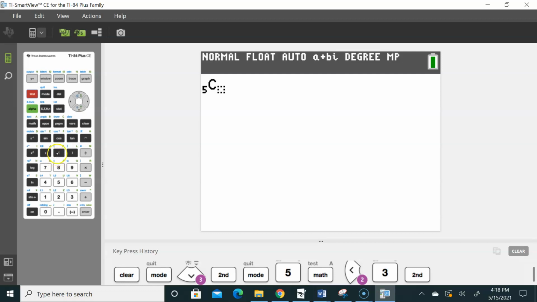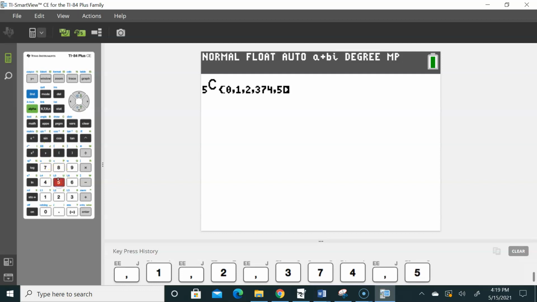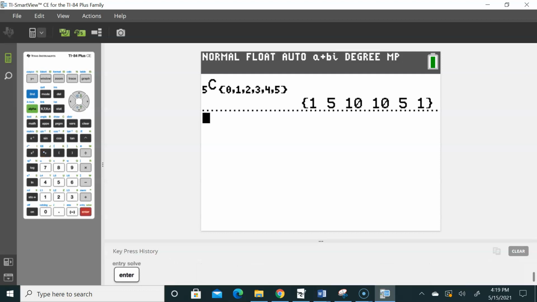The opening curly bracket is above the parentheses, and I have to do 0, comma, 1, comma, 2, comma, 3, comma, 4, comma, 5. Oops, as you see, I hit a 7 instead of a comma. Comma 5. And you don't even have to close the brackets at the end if you don't want to. The calculator doesn't care. I hit enter, and look at that. I get the whole 5th row all at one time.